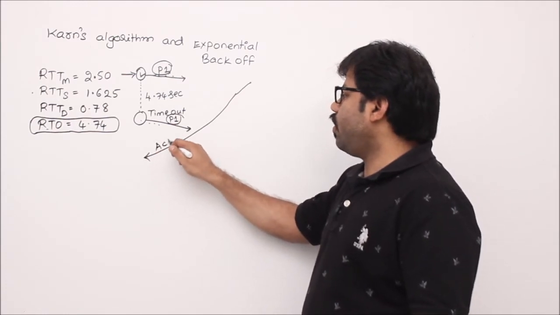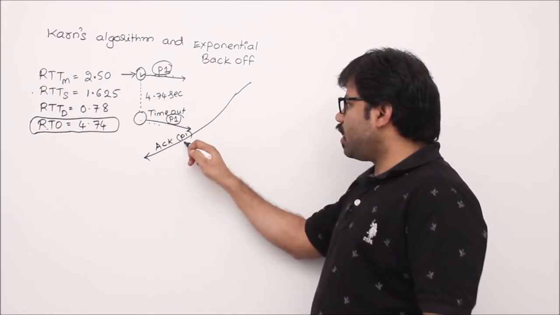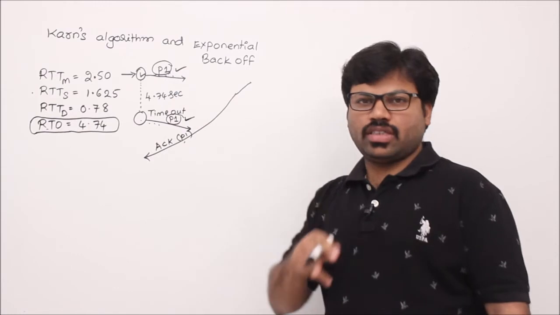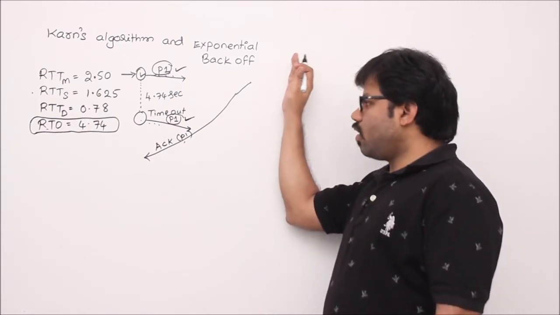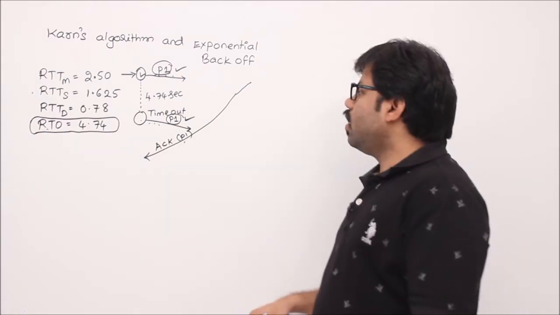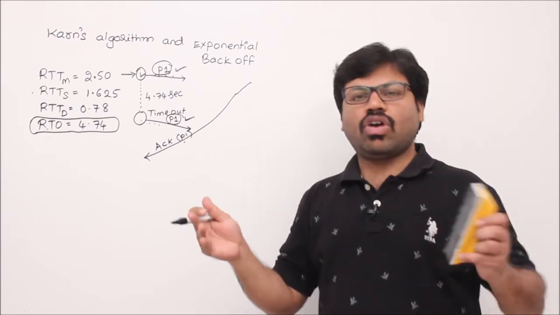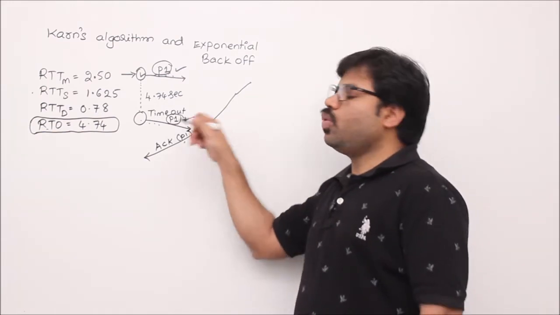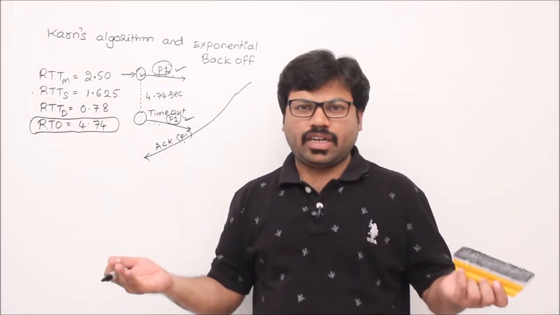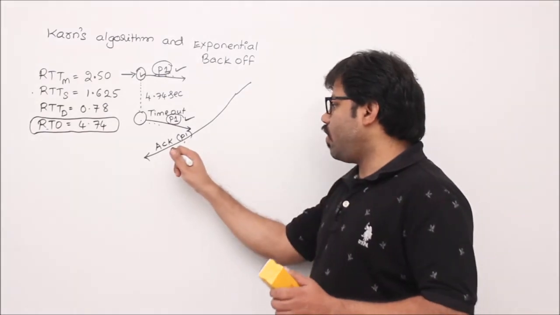Is this acknowledgement for the new transmission or the old transmission? There are two cases. Maybe the acknowledgement for the first packet got delayed and is arriving now. Or maybe the first packet itself was lost, so this acknowledgement is for the new packet. Because the network is not transparent, we don't know each step of what is happening. So here we have a dilemma.